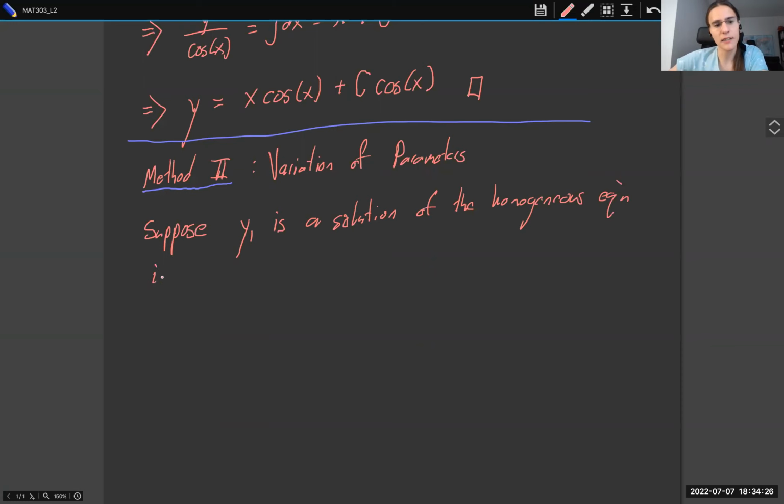That is, if we look at y1 prime plus f of x y1, that's equal to 0. So y1 is a solution of the homogeneous equation, right?